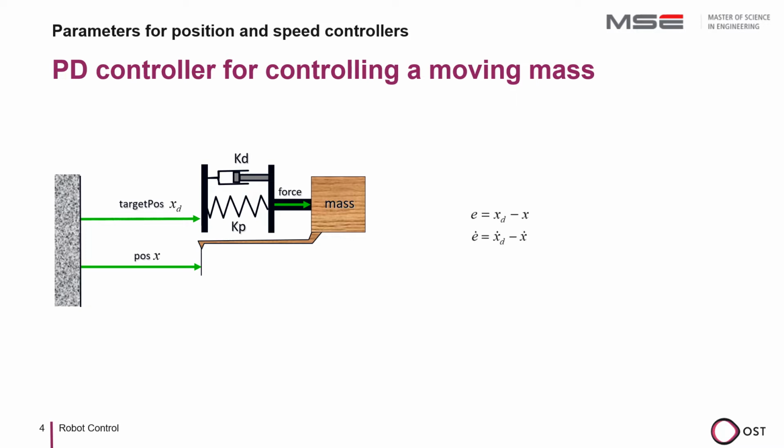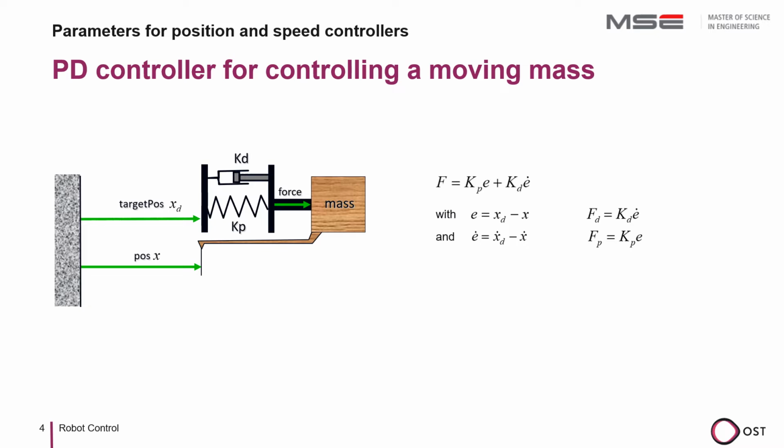We refer to the position error between XD and X as position error E and the velocity error between xd dot and x dot as velocity error E dot. The spring force is proportional to position error and is then Fp equal Kp multiplied by E. The damping force is proportional to the velocity error and is Fd equal Kd multiplied by E dot.